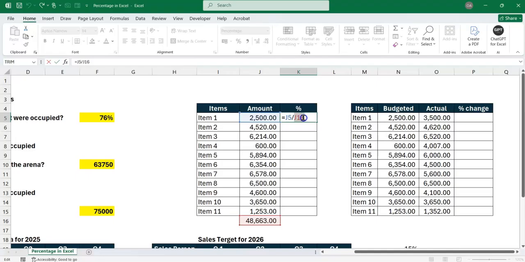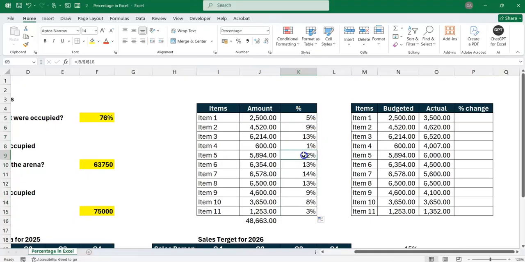I have to make this an absolute reference so that I'll be able to drag it down. I press F4 to lock it, making that cell an absolute reference, and then I can drag it down. If you now add all of this together, that should give you 100%. Which means that 2,500 naira is 5% of this total amount, and so on and so forth.